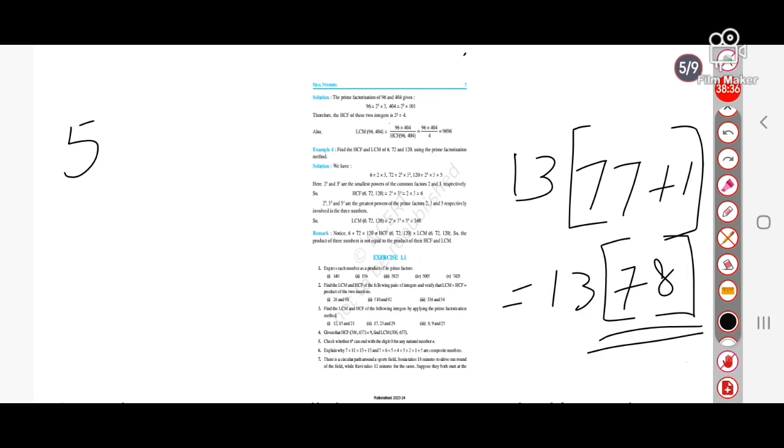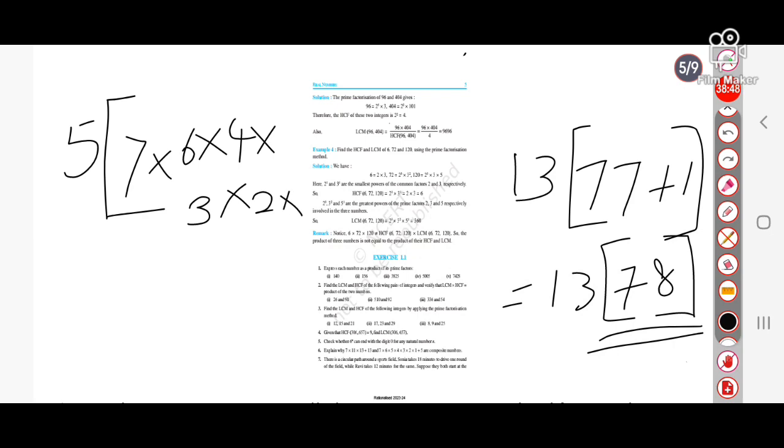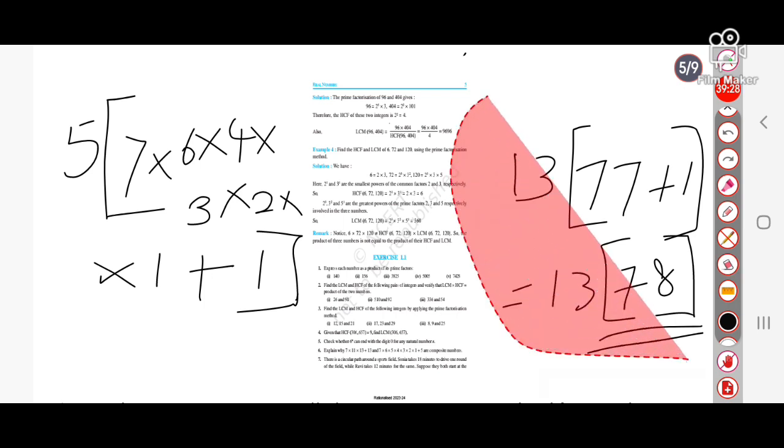It comes as 5 into 7 cross 6 cross 4 cross 3 cross 2 cross 1 plus 1, because 5 has been taken outside, so that is multiplied on both sides. Now again I need to simplify this.